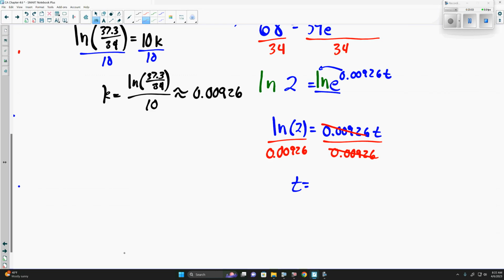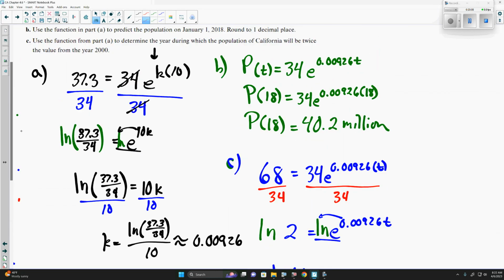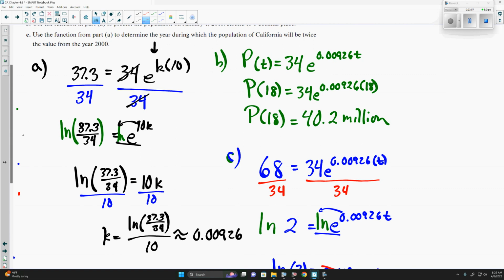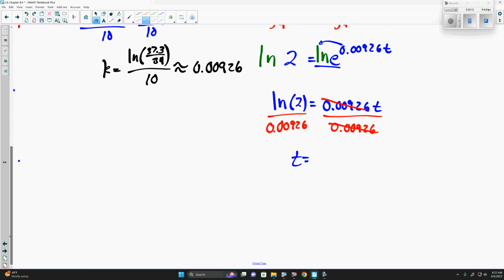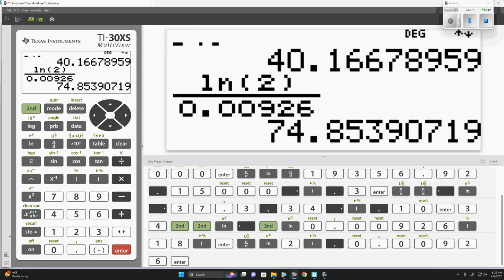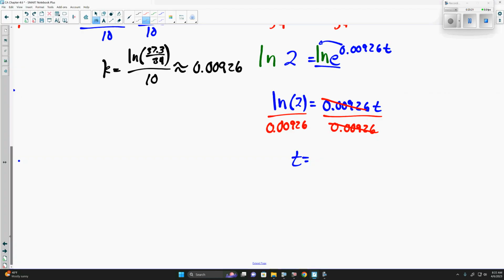Let's see what it asks for our number of decimal places. Determine the year during which the population will be twice. So that would be 74 point, I know I just looked at it, 85.